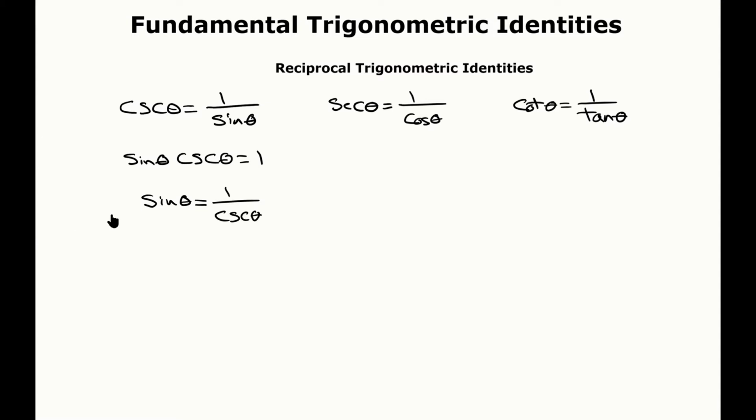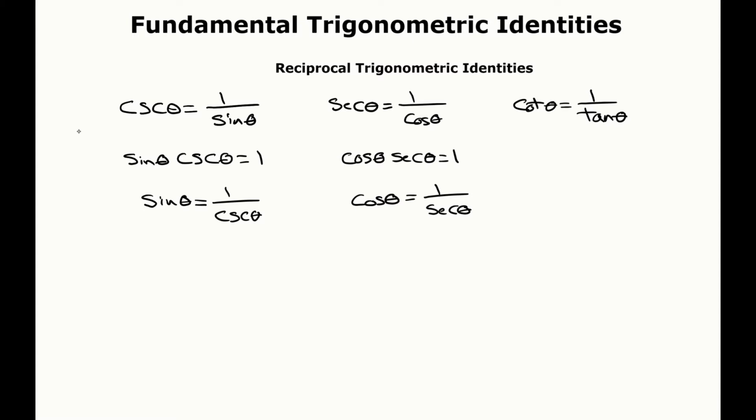That's, of course, nothing new. Reciprocal relationships always work like that. And of course, all of these are only well defined when the denominators are not 0. That goes without saying. For the next one, we get cosine theta secant theta equals 1. And we can now solve that for cosine theta to get cosine theta equals 1 over secant of theta.